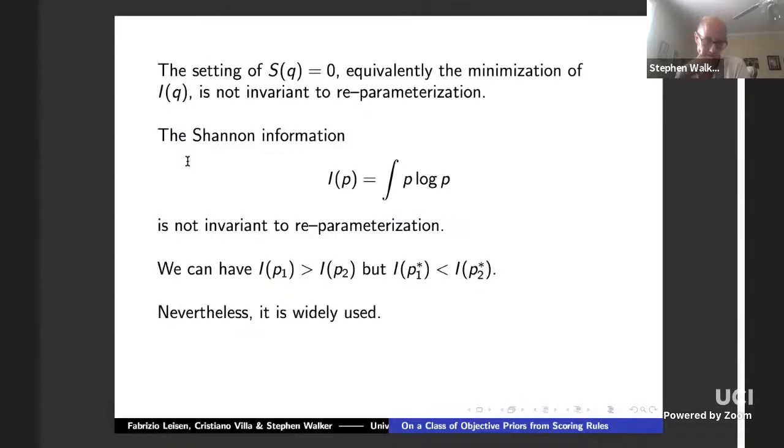So it's clear that invariance or lack of it is going to be part of the discussion. This would just be a sort of defense up front, although there are other things that can be said about it. The Shannon information is known not to be invariant under reparameterization.